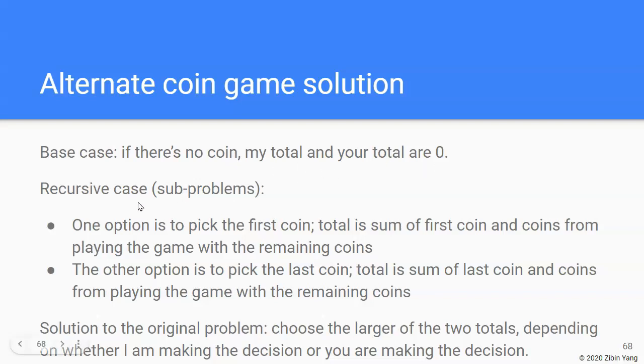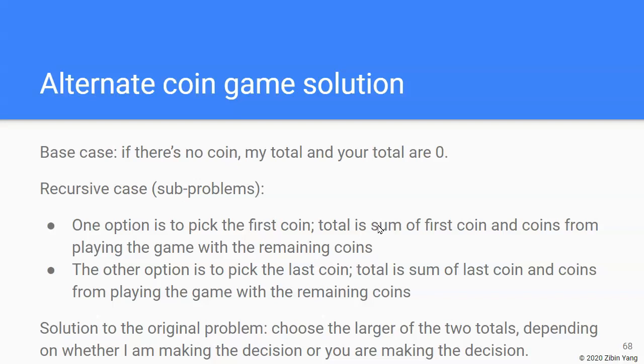Okay, so the subproblem, what is it? Well, at every turn, we have two choices. We either pick up the first coin or pick the last coin, right? Now, if we pick the first coin, then we can continue to play the game with the remaining coins.